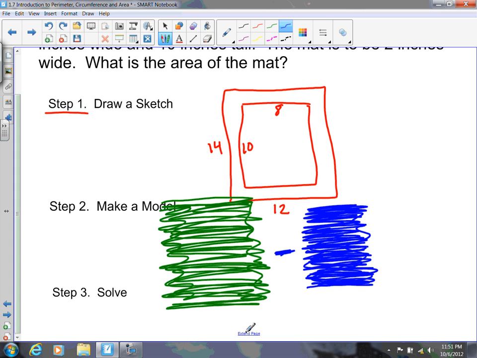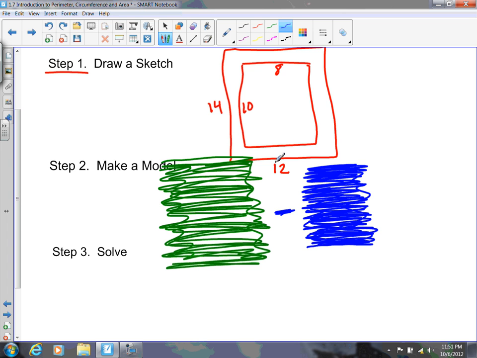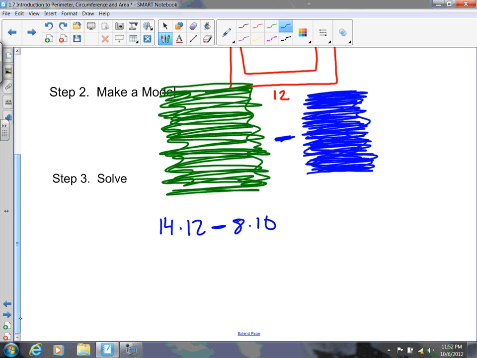So what's the area of the big rectangle? Well, length times width, 14 times 12. I'm going to subtract out the area of the little rectangle, 8 times 10. Alright, so 8 times 10, 80.